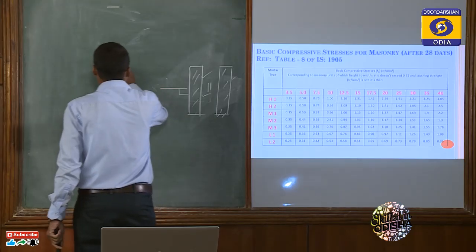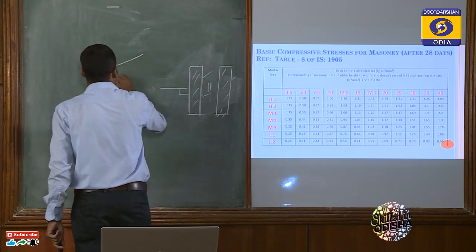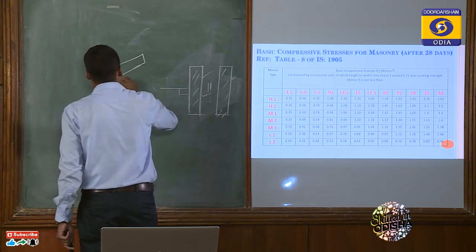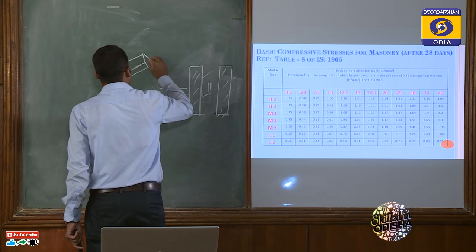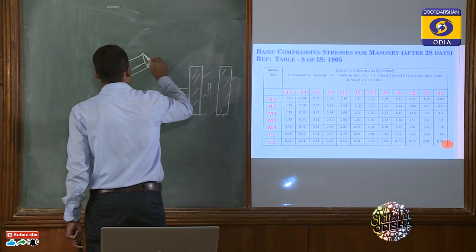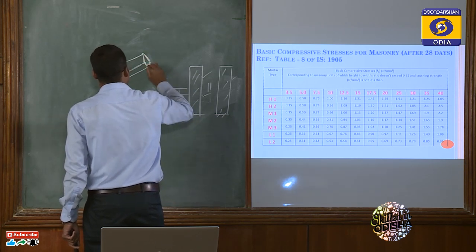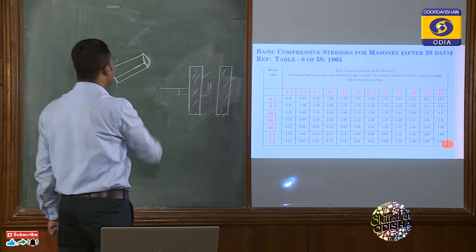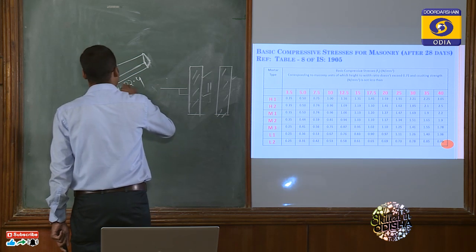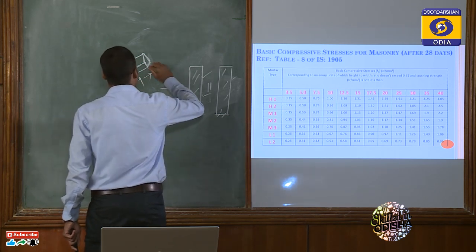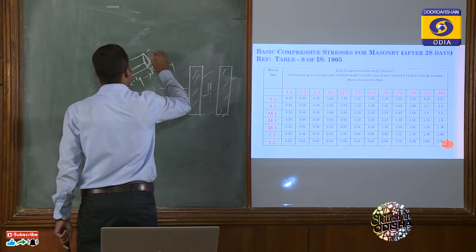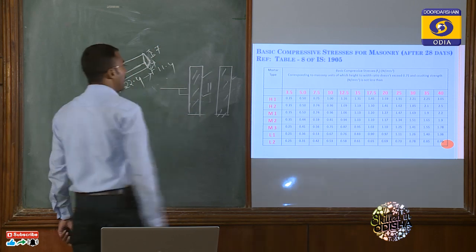So see here, what is height to width ratio? If this is a brick, let it be a traditional brick of dimension 22.4 length, 11.4 width and 7 height.